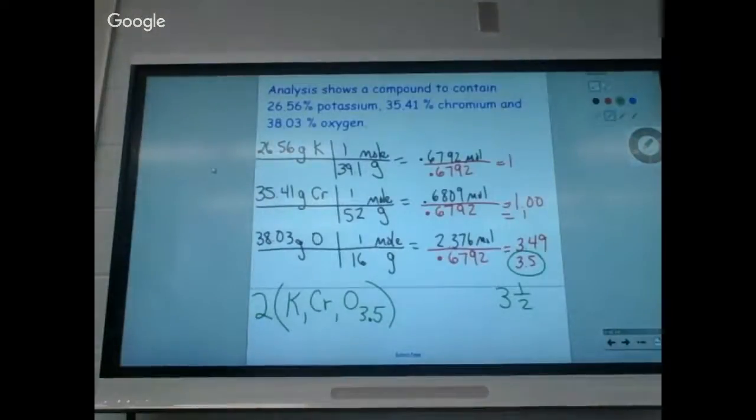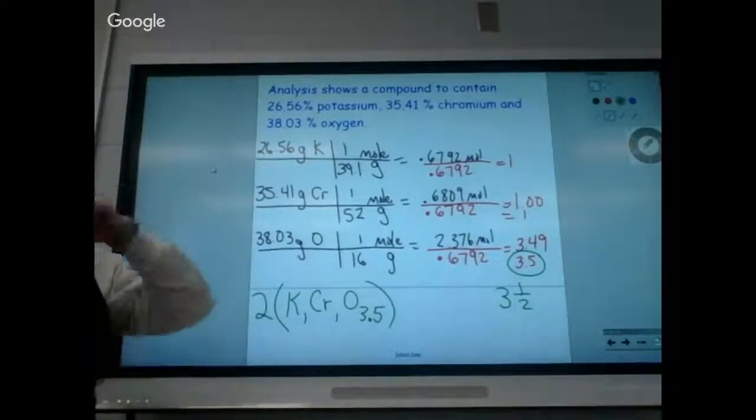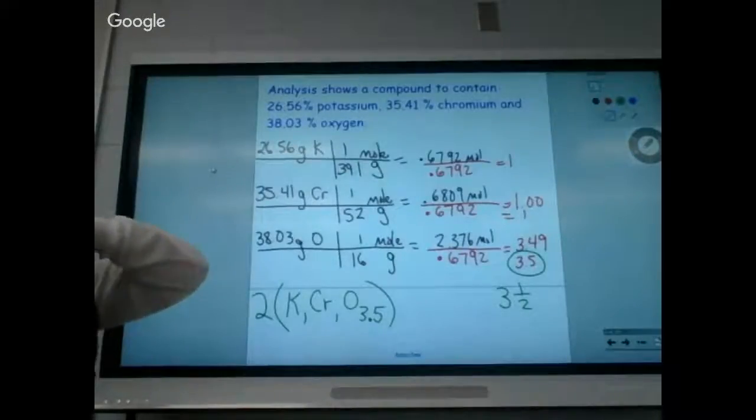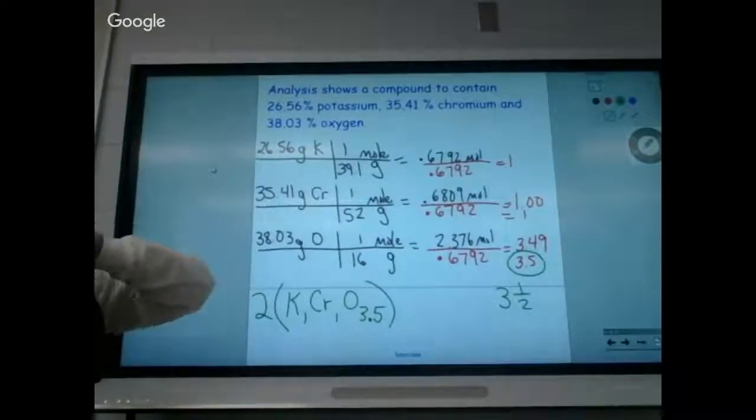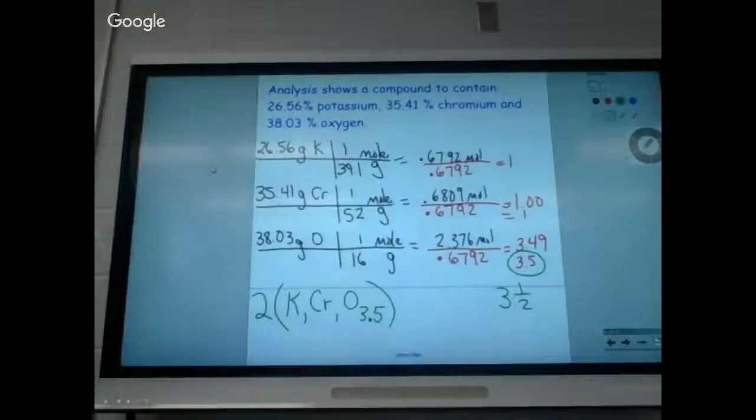Now, to answer Nikaya's question, some of you are going to get confused by this. If you get 1.97, what's 1.97 the same as? 2. But if you get 1.76, is 1.76 the same as 2? No, you have an error. It needs to be very close to the whole number.